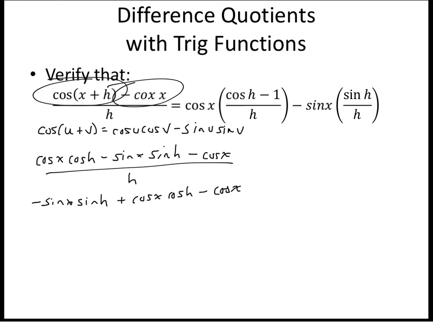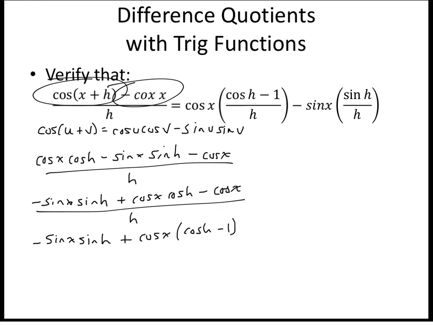I'm going to factor out a cosine x from these two terms right here. I don't have to factor from all my terms. I'm going to have a negative sine x sine h plus cosine x. And when I factor cosine x out of each of these two terms, that is going to leave me with a cosine of h minus 1. And all this is over h.